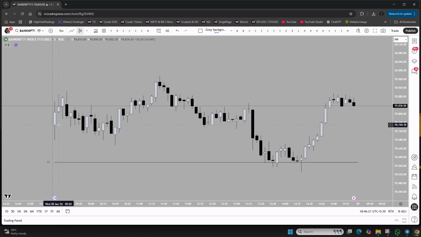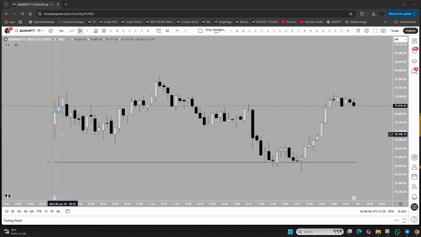Since we target around 100 points, our target will be around 59,910. Let me bring in the pencil here. All right, so we initiate the buy trade here at the opening of the 9:20 candle, and we wait for a 100 points move. Let's see if it was reached.